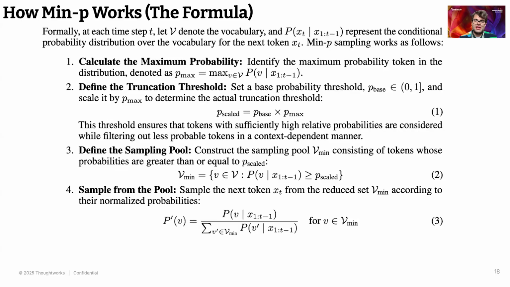We multiply P base by P max to create P scaled, which is 0.1 times 0.5, so now 0.05 is P scaled. Then we build our sampling pool by only keeping tokens whose individual probability is greater than or equal to this dynamic P scaled threshold. Finally, we renormalize the probabilities of the kept tokens and sample as usual.